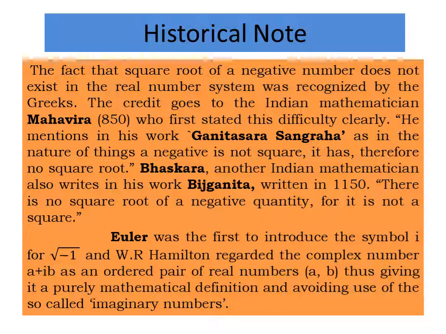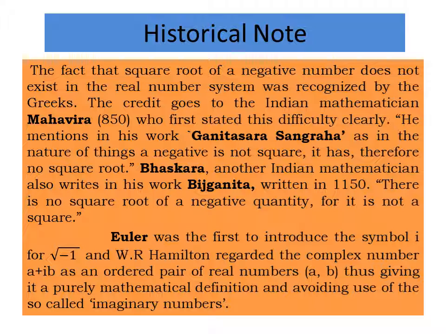The great mathematician Mahavira first stated this difficulty clearly. He mentioned in his work Ganit Sara Sangraha, as in the nature of things a negative is not a square. It has therefore not a square root.